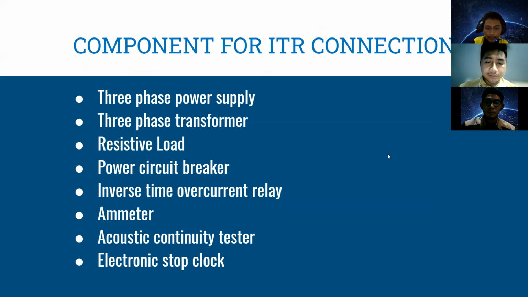So next, we continue the slide with the ITR connection. In the ITR connection, we have several more components than the previous connection. For the ITR connection, we have a three-phase power supply, three-phase transformer, resistive load, power circuit breaker, inverse time over current relay, ammeter, acoustic continuity tester, buzzer, and electronic stop clock.